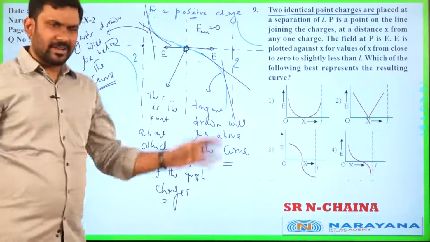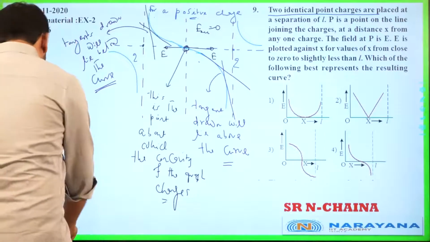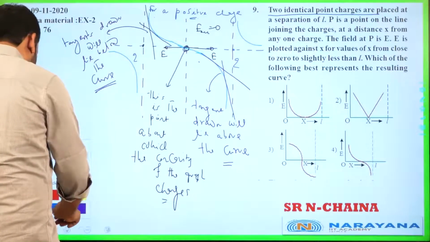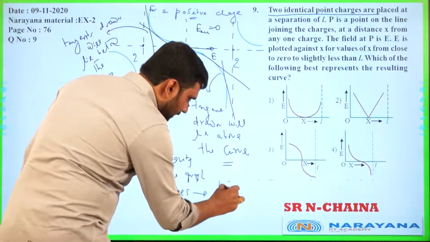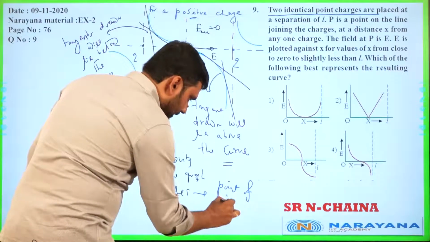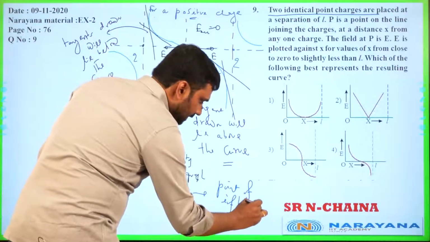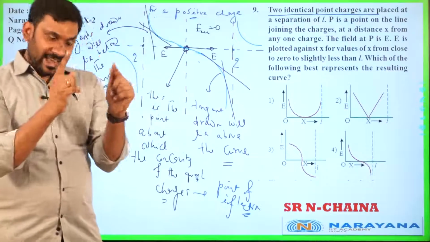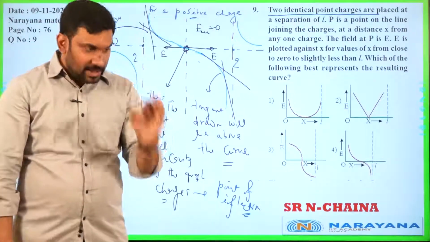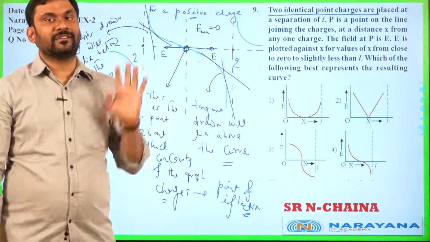Okay, it's a typical mathematical concept actually. So in mathematics you have studied that this particular point is called, this is called what? This is called point of inflection. So if you are having two identical charges, in between the two charges, it is mandatory that you can have a point of inflection.